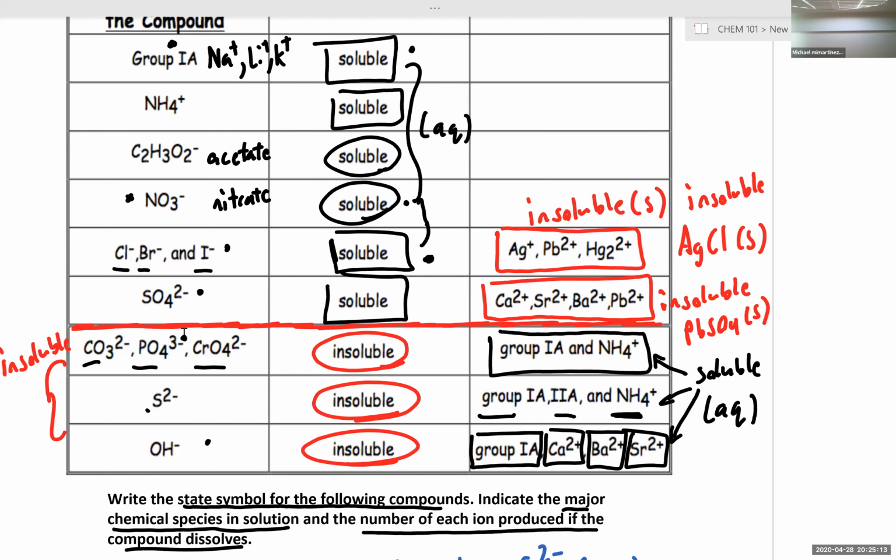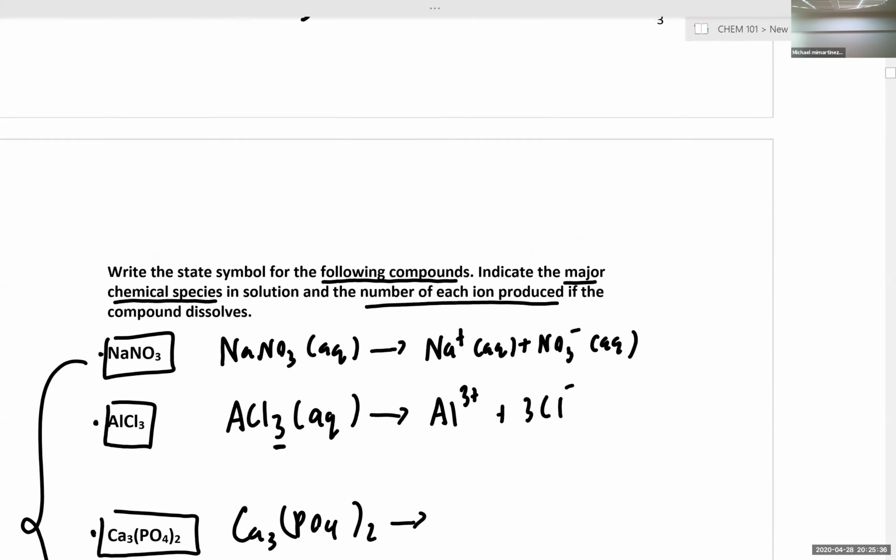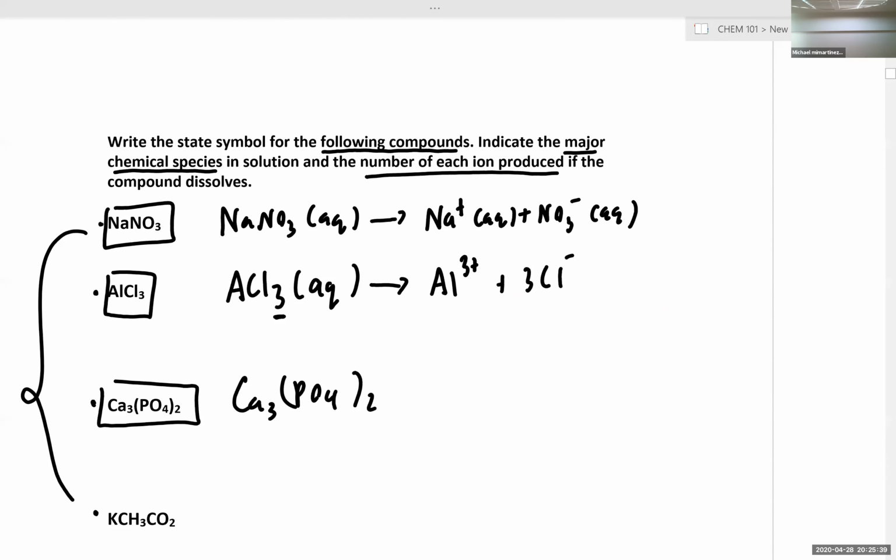So, is calcium on the list of exceptions? No. So then, is calcium phosphate soluble or insoluble? Insoluble, exactly right. So calcium phosphate gets a solid symbol, and as a result, it doesn't dissociate.